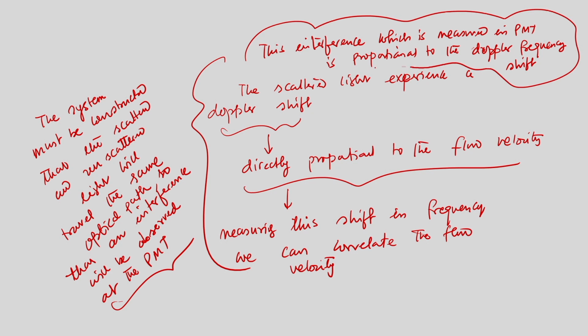So, this is very important. The system should be constructed such that the scattered and unscattered light travel the same optical path, so that the PMT will have an interference that is proportional to the Doppler frequency shift, and this shift can be correlated to the flow velocity, because the particle which is seeded and neutrally buoyant will largely follow the bulk flow.